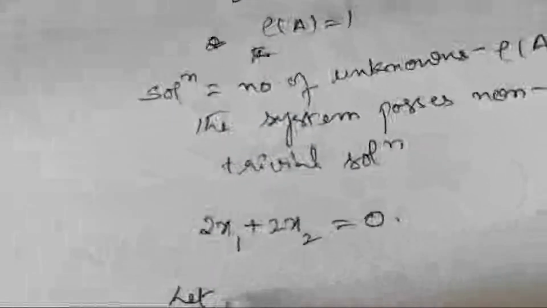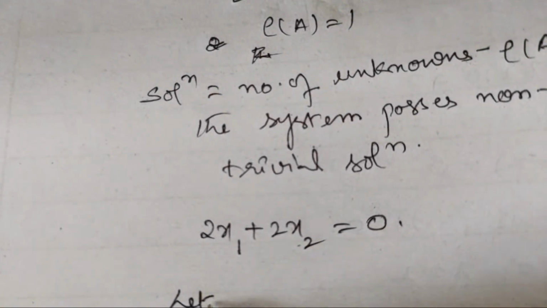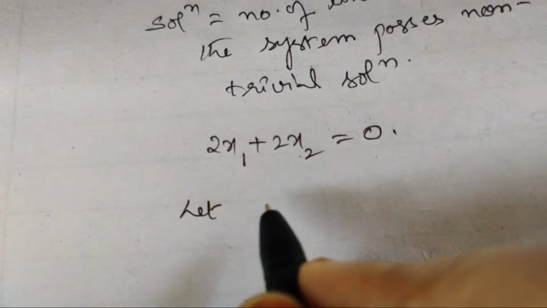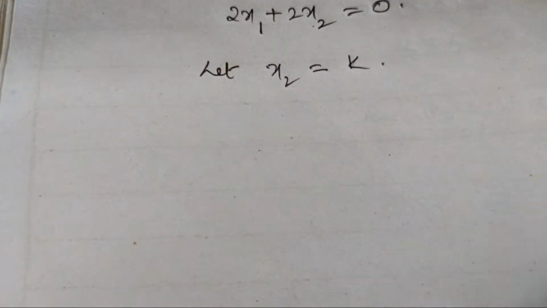2x1 plus 2x2 equals 0. Now I will assign a constant. Let x2 equal some arbitrary constant k.